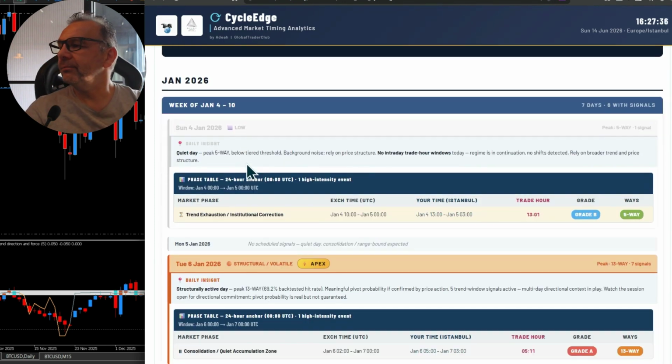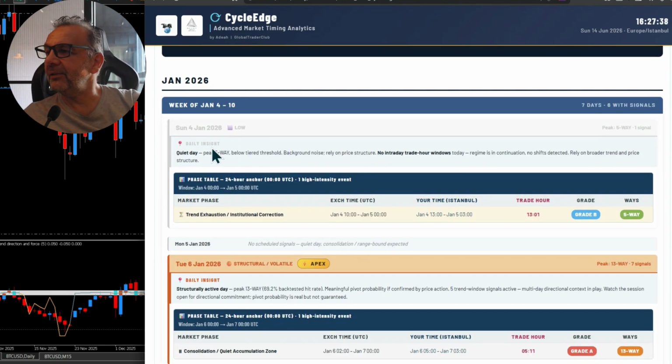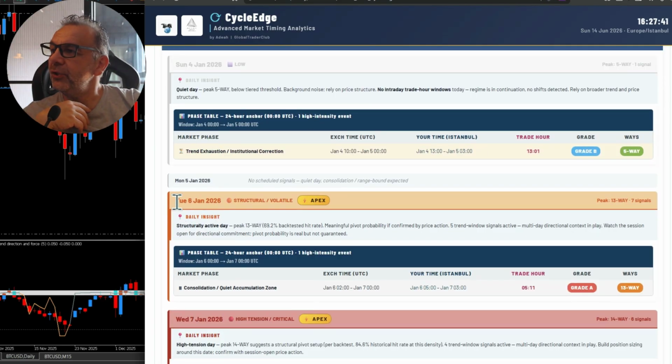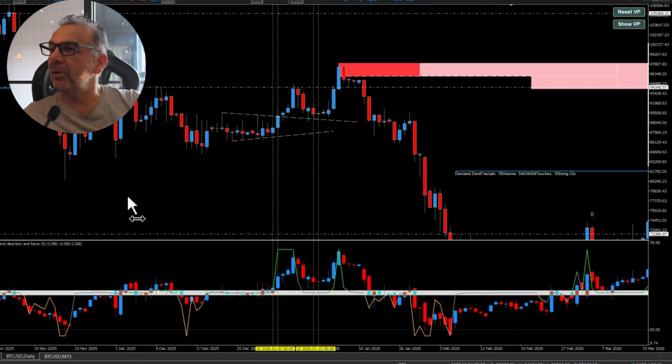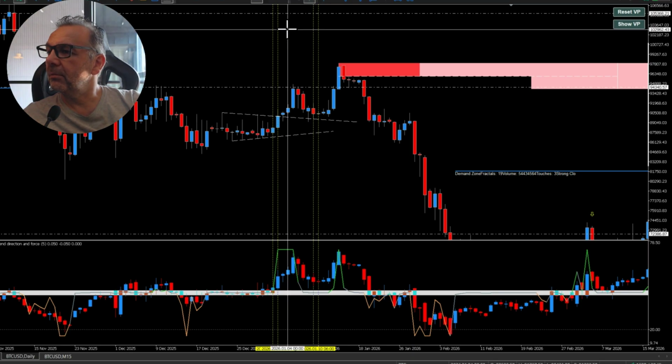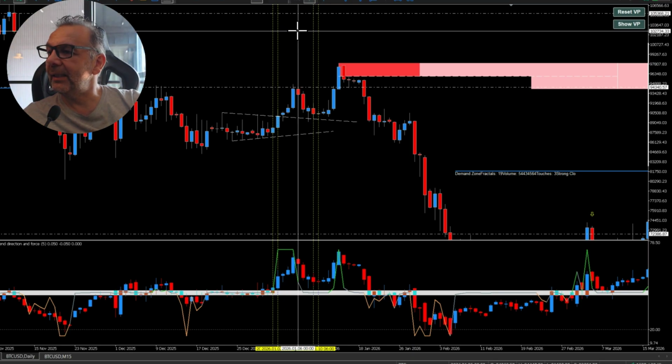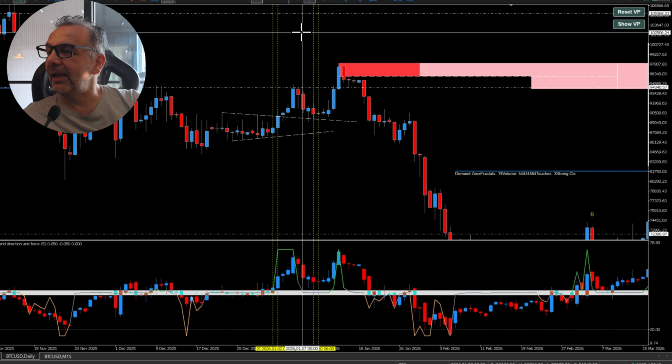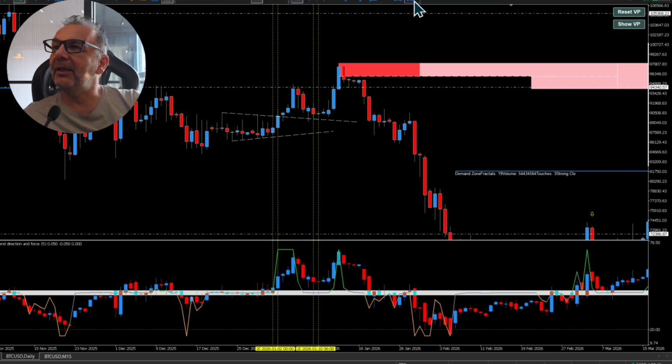Here we are, from Sunday to the next. Look at this. Tuesday, 6th of Jan. Structural and it's volatile. And it's an apex. The 6th and the 7th. So let's take a look at the 6th and the 7th. That's your 6 and that's your 7. Market selling off.